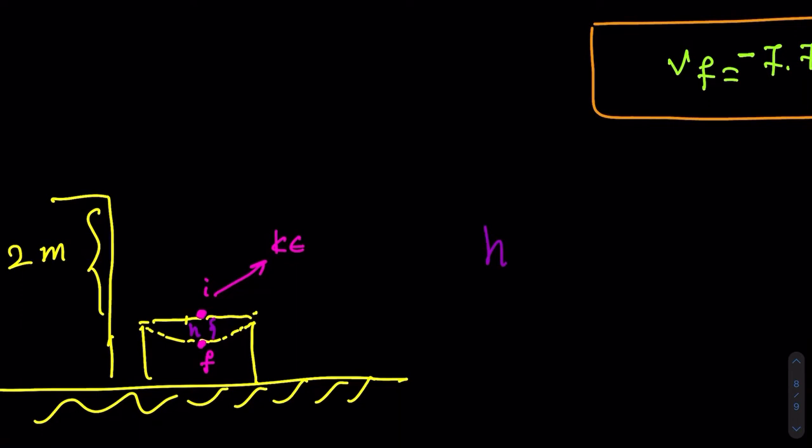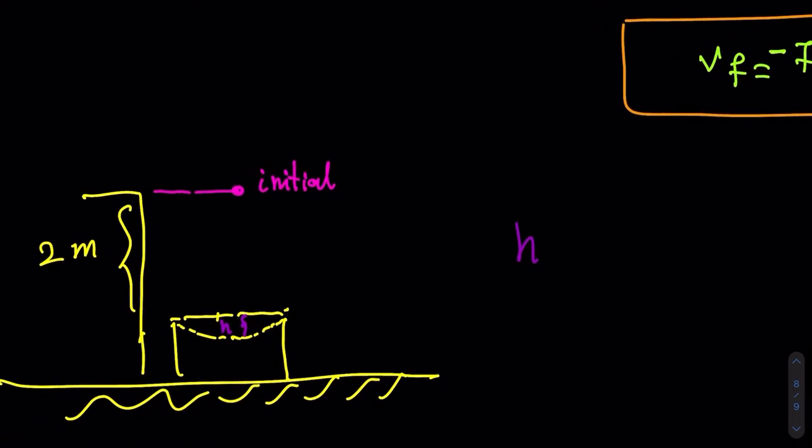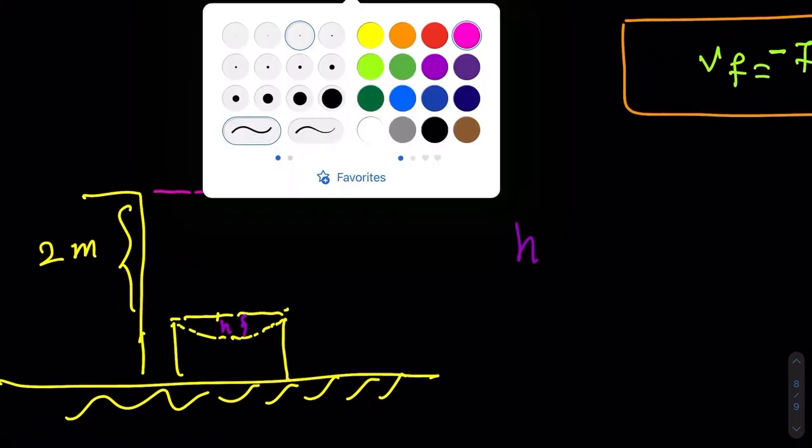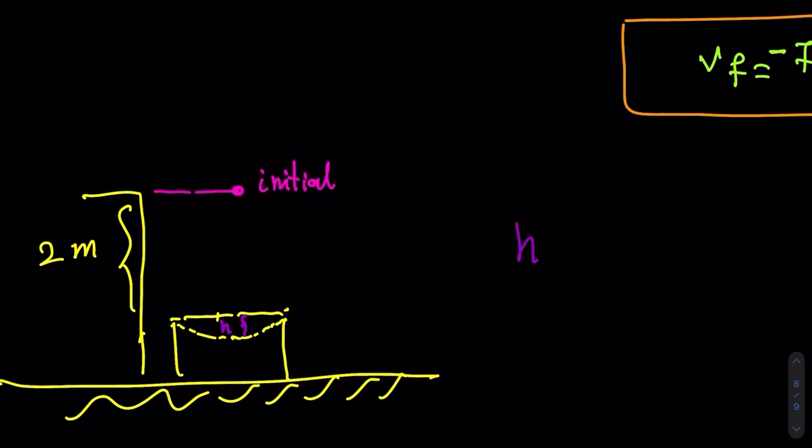Or else we can say, no, we keep the previous initial position as here. So this is the initial position, and this time I will set the frame of reference at this point, the compressed point.